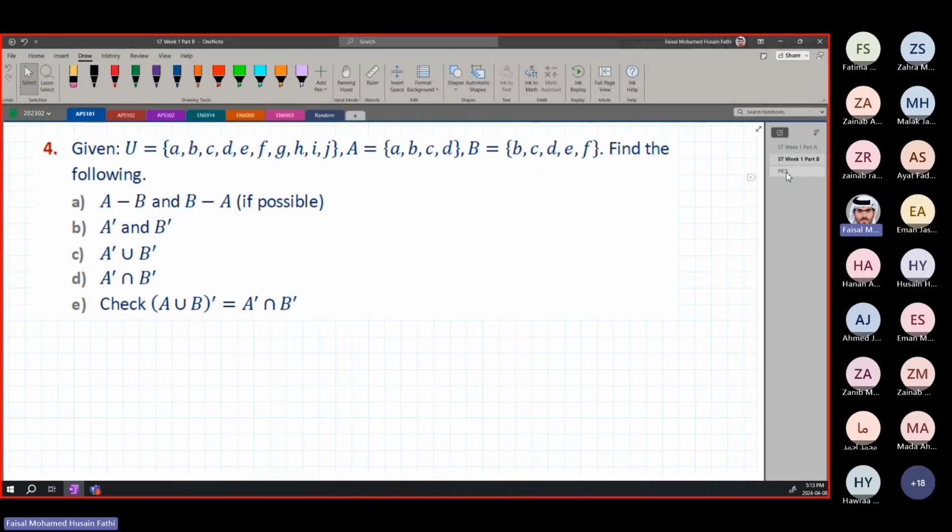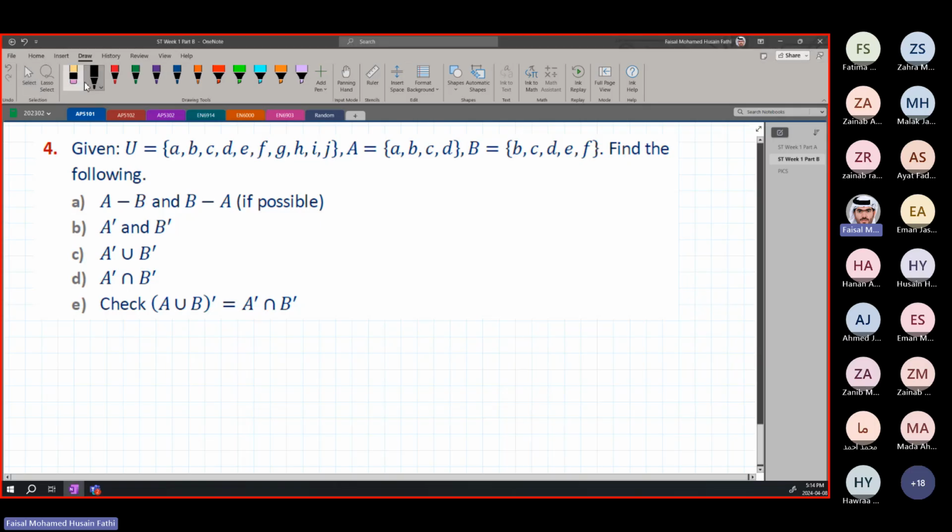So given U is equal to A, B, C, D, E, we're given A, we're given B, we need to find the following: A minus B and B minus A. Now, how do we subtract in sets? First, let us just solve the question directly.